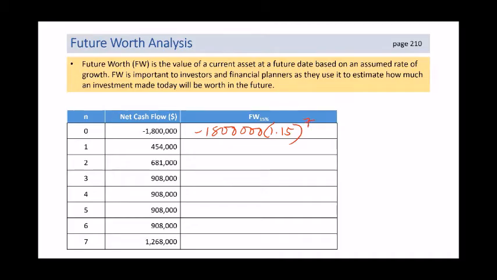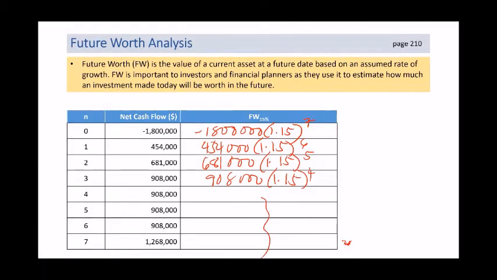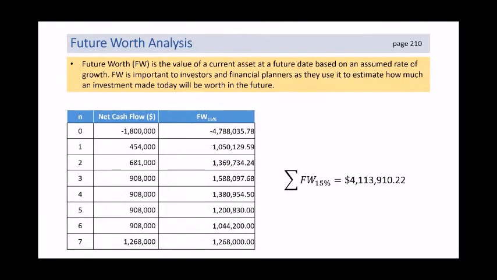It is 7. Because we are going here to year 7, future value. And this one is 454, 1.15 raised to 6. This one is 681, 1.15 to 5. And then 908, 1.15 to 4, and so on and so forth. So you can compute that. So once you compute, this is now the FW, and this is now the total.